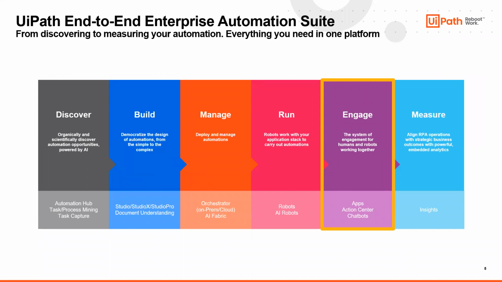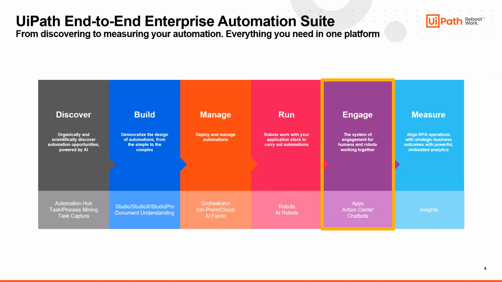But when it comes to unattended automation, we will have to leverage additional tools, part of our UiPath Enterprise Automation Suite pillar called Engage. Today, we'll take a look at two of these tools. One is called UiPath Apps, and the other one is called Action Center.